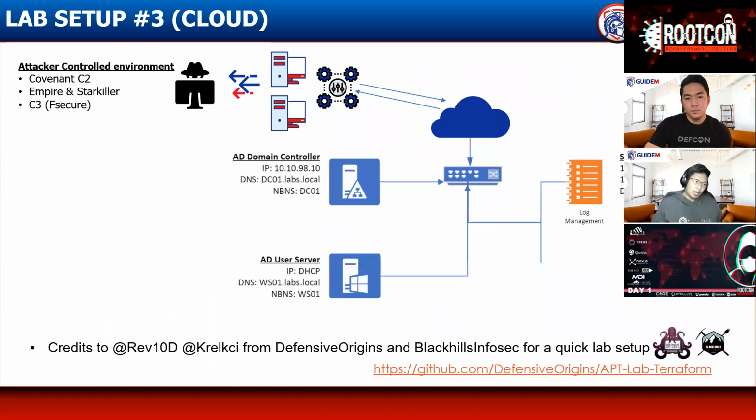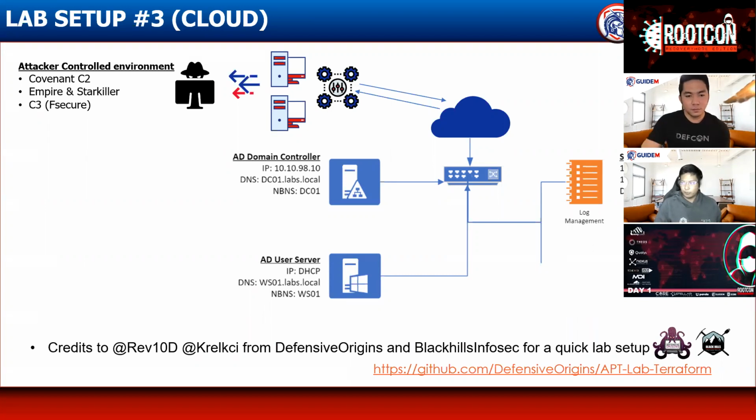For our last laboratory setup, we have this one deployed in Azure. This lab is originally from Active Countermeasures and Black Hills InfoSec. Credits to Kent and Rev for setting this one up. You can set this one up in like 25 minutes.